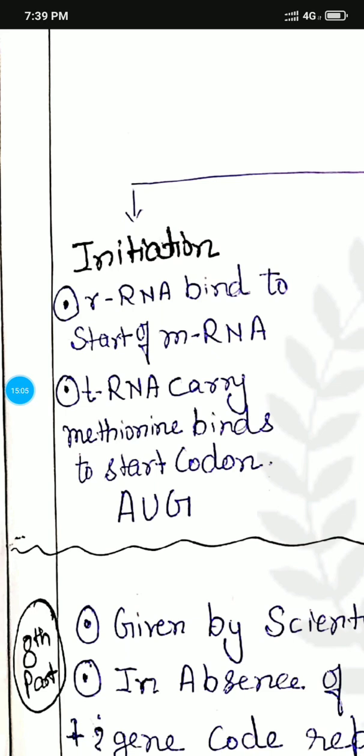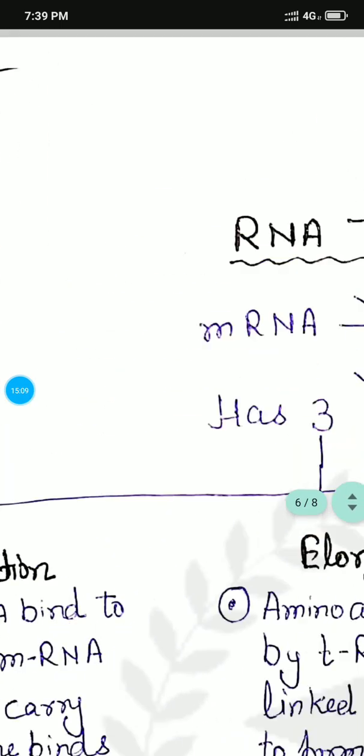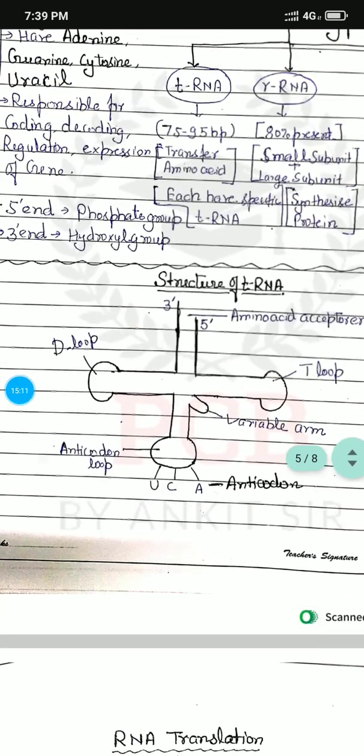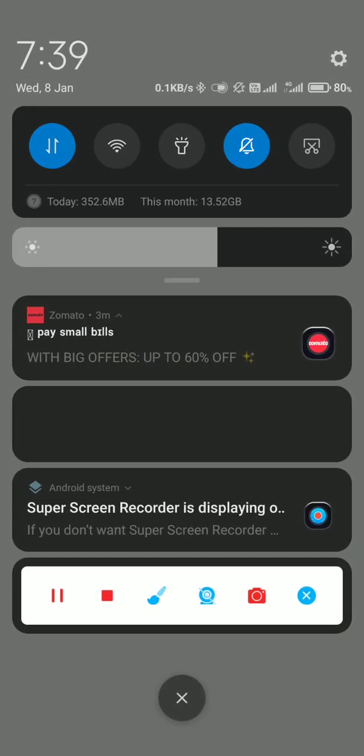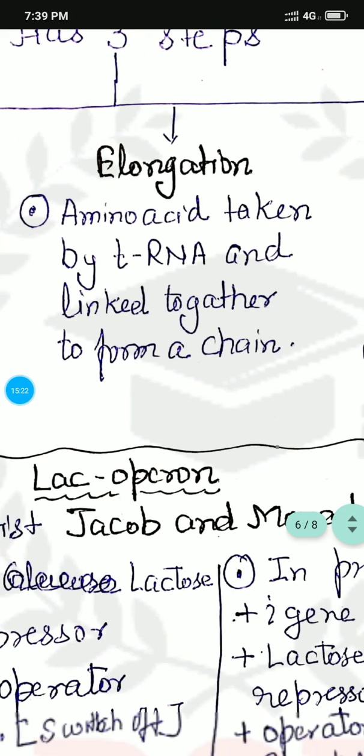The codon AUG is present in the below part. As you see, in the below part of the tRNA, this part AUG is present and it codes the protein called methionine. The second one is elongation. The amino acid taken by the tRNA is linked in the form of a chain.